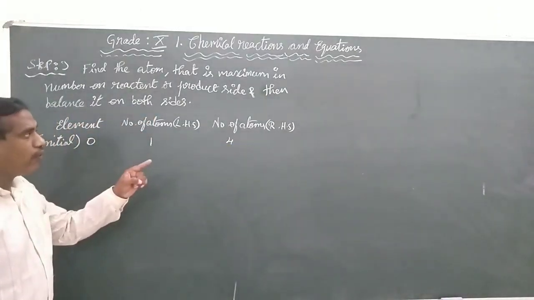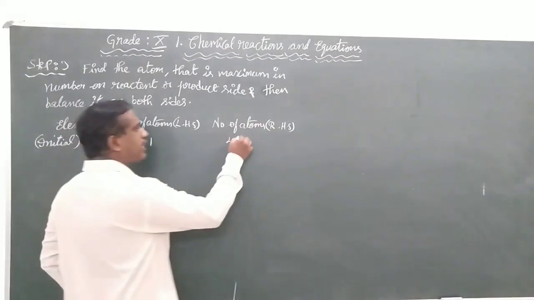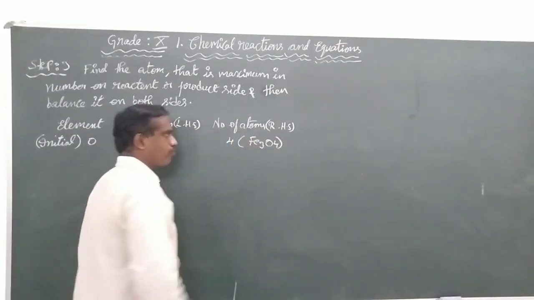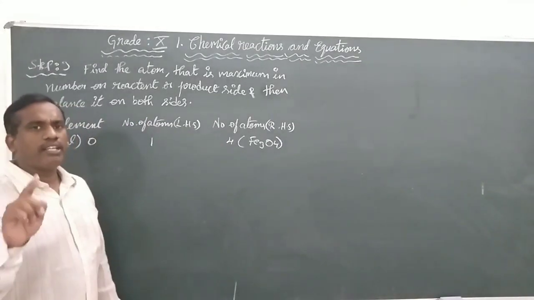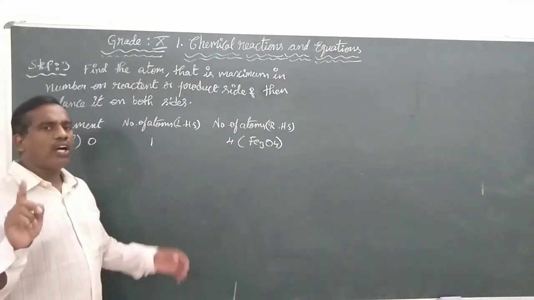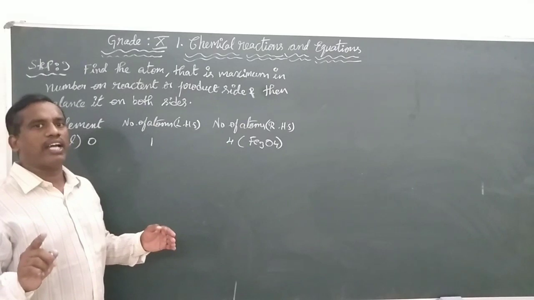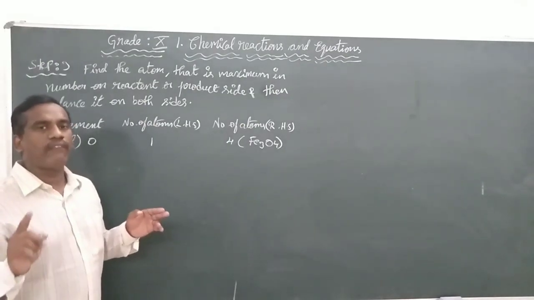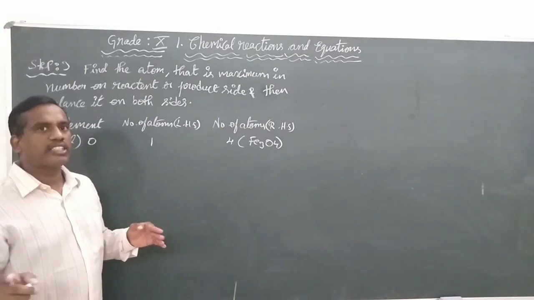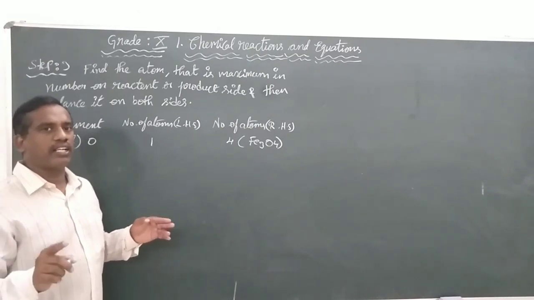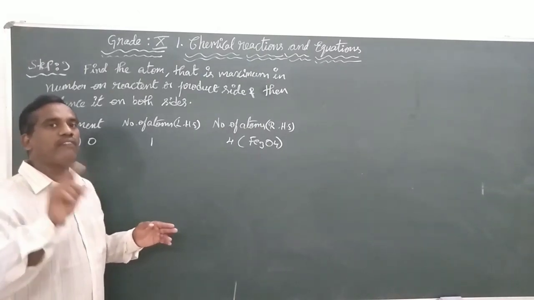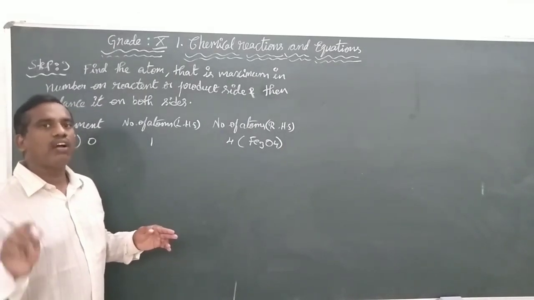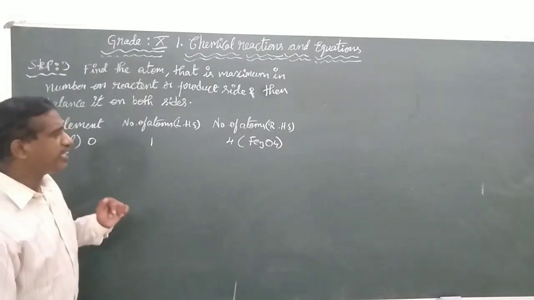So these 4 are present in the formula Fe3O4. Very important point, children. When you are going to balance the number of atoms, you must not change the formula. You must add this number as the prefix of the formula, or we can use the word coefficient for the formula.